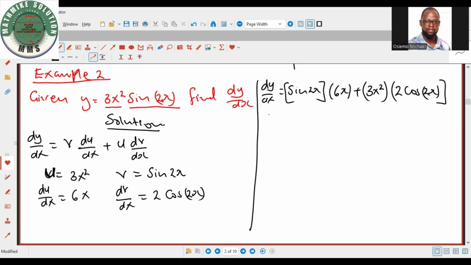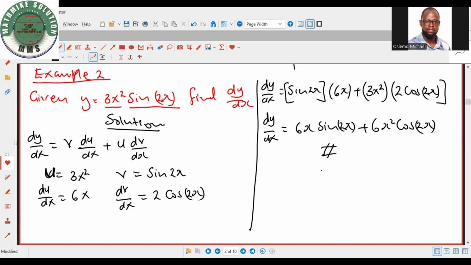So from there, we open up the bracket and arrange. So dy dx is equal to 6x sine 2x, then plus 3 times 2, which is 6x squared cos 2x. And that is our solution.